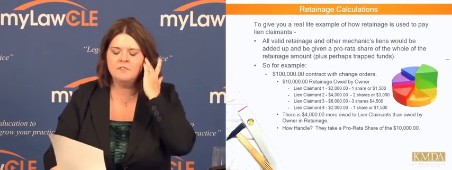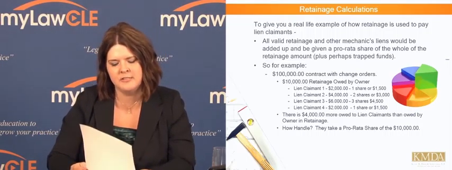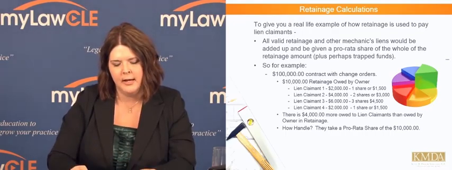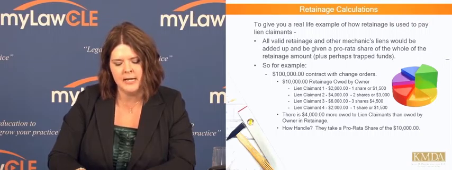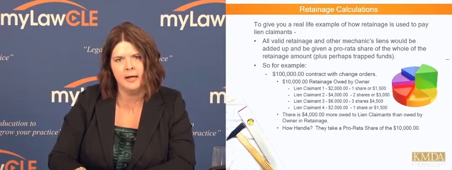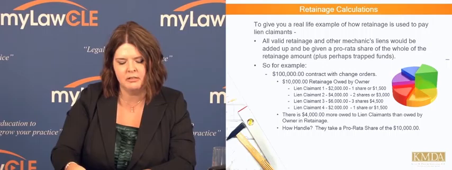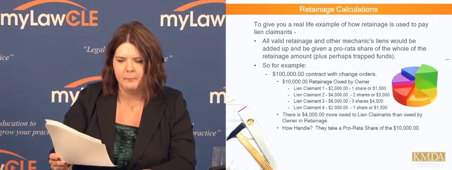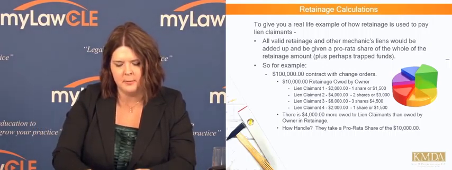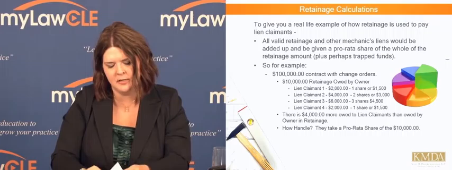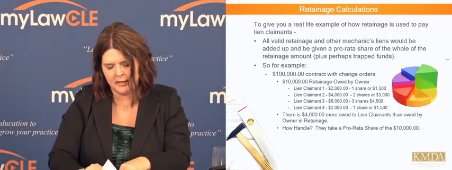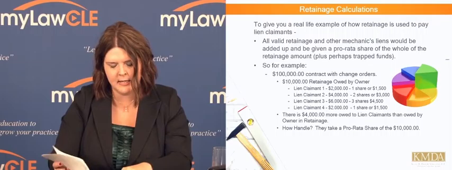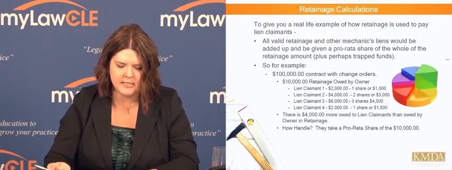I have an addendum that shows what most of your states have, but you have to figure out what your state does for required retainage and see whether they have a system similar to this. That is in Addendum B, where I have a few states that show what various states do.